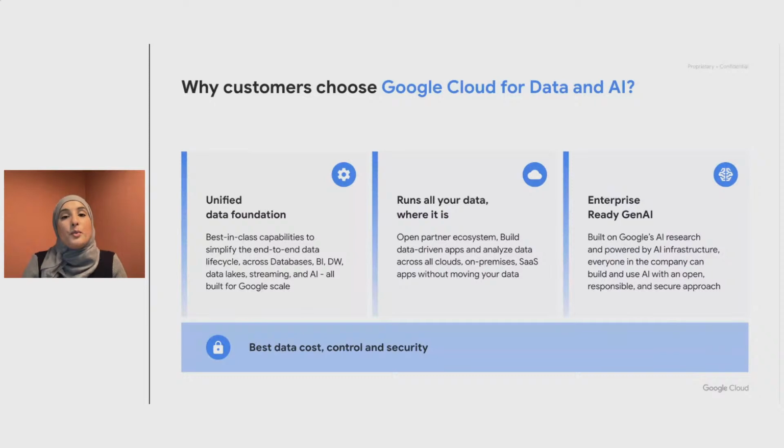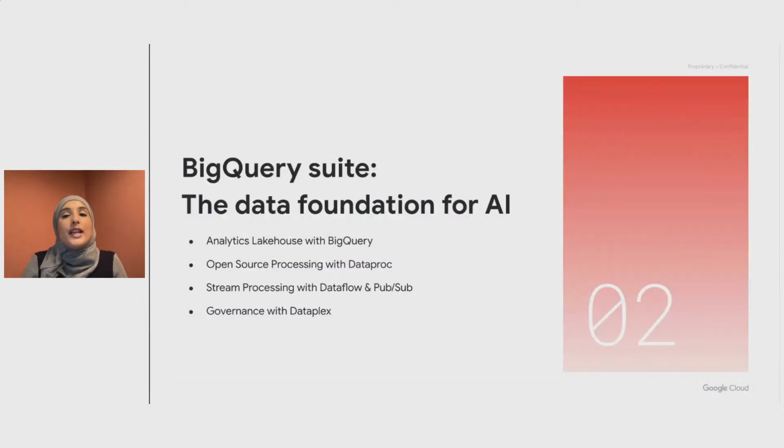So to recap, what you're going to hear about today is our BigQuery Suite, as we bring together all of the data and analytics capabilities and supercharge them with AI. And with Google, you're able to truly access a unified data foundation across clouds with the ability to run different workloads on a single copy of data, and with built-in AI and intelligence into that platform.